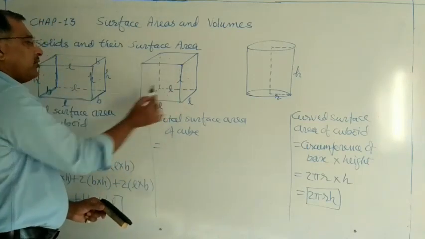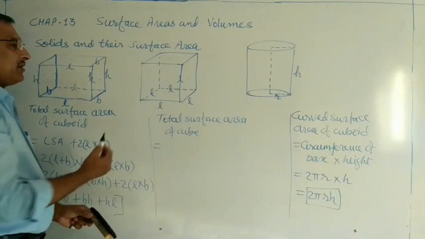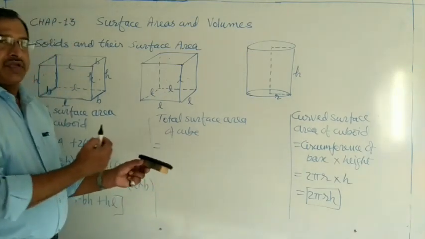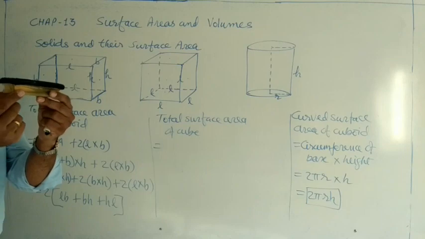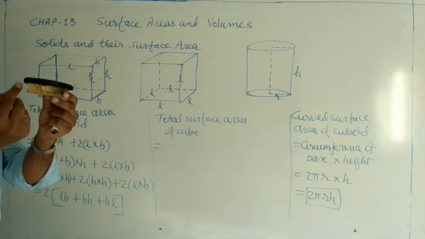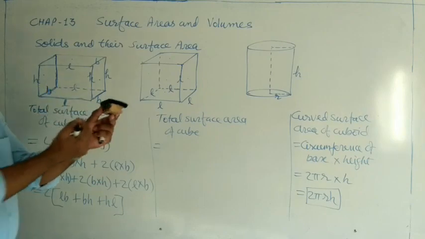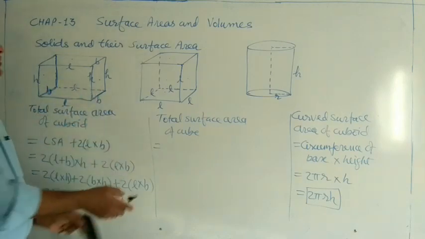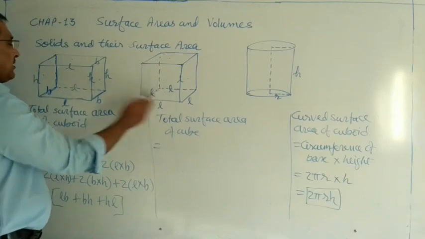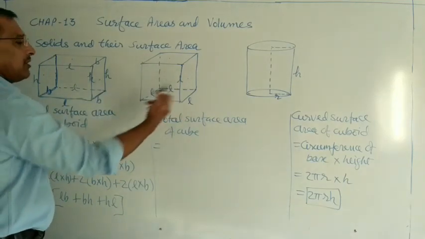If we add top and bottom just like cuboid, then we will get total surface area of cube. Here it is cuboid shape. If its length, breadth and height all the three are equal, then the cuboid forms a cube. So here length is L, breadth also L, height also L.